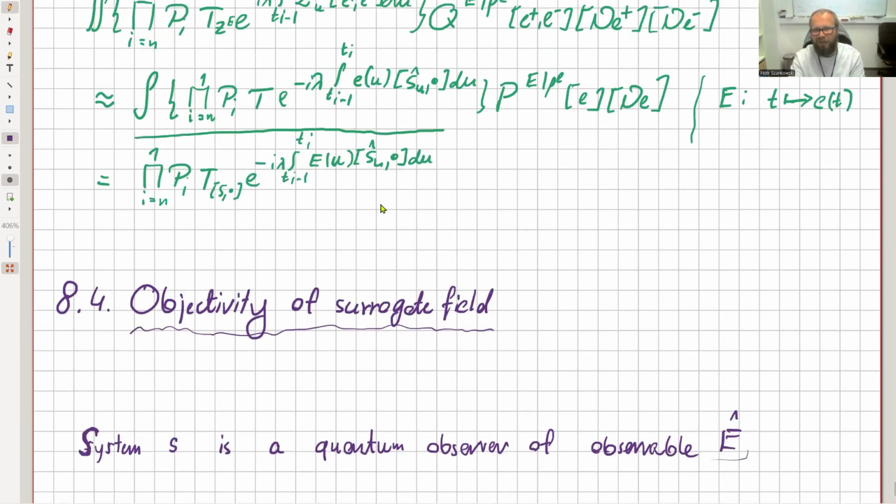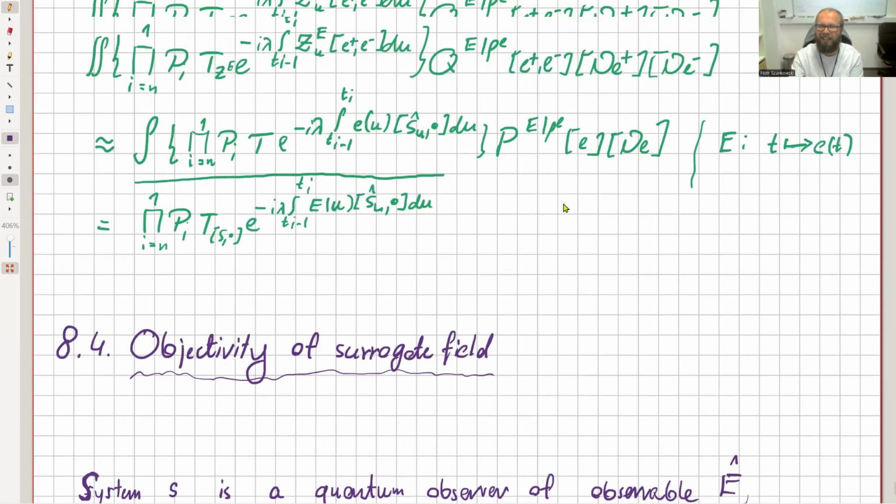Maybe those trajectories are just some artifact of this description, because there is no way to couple any system S to this observable E in such a way that you can isolate only one trajectory and skip this averaging. So maybe those trajectories are fake, effective entities.